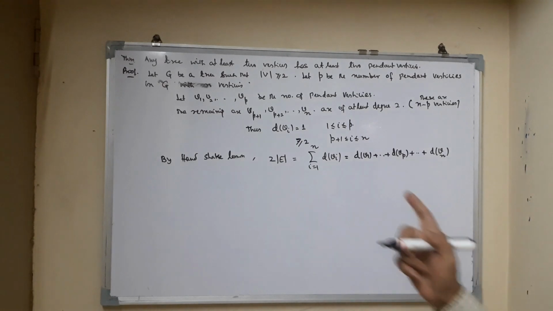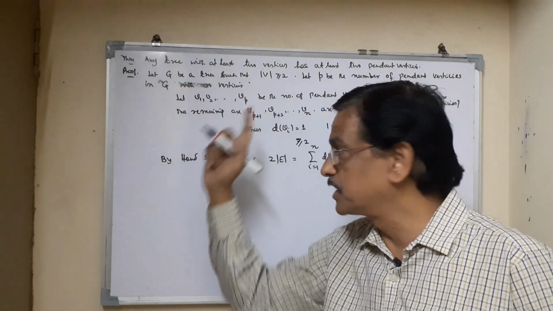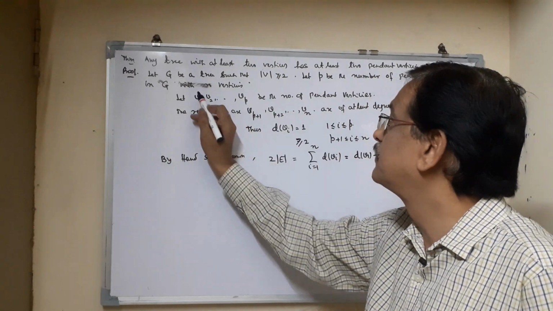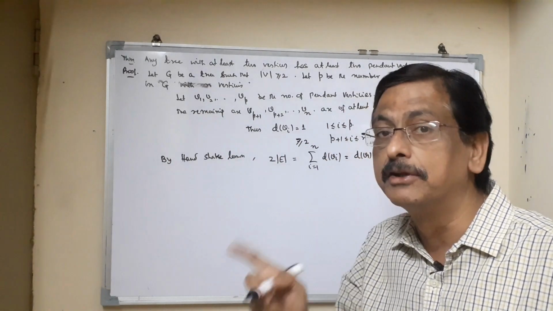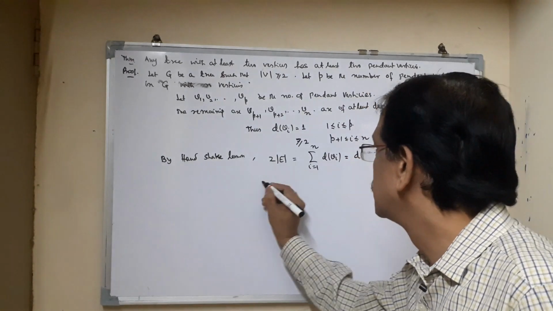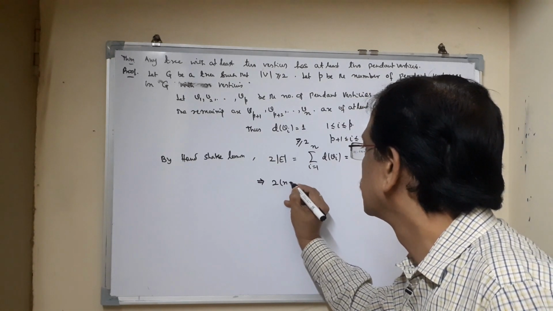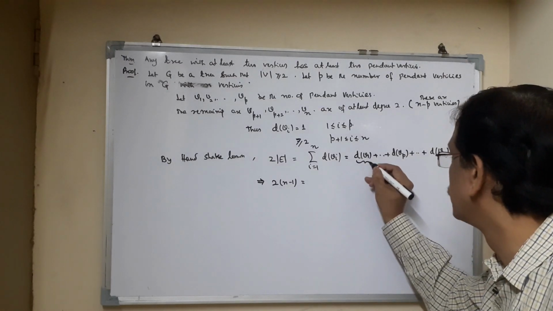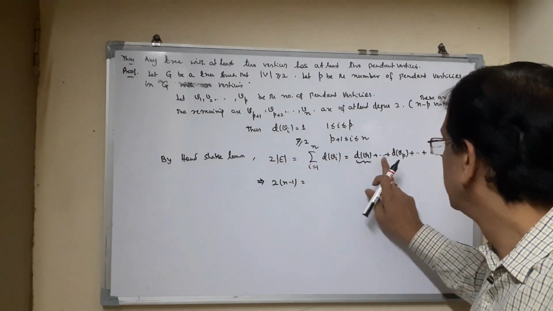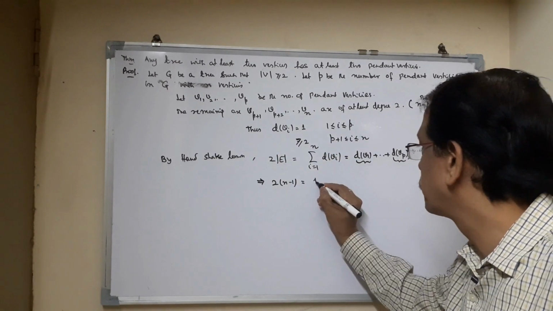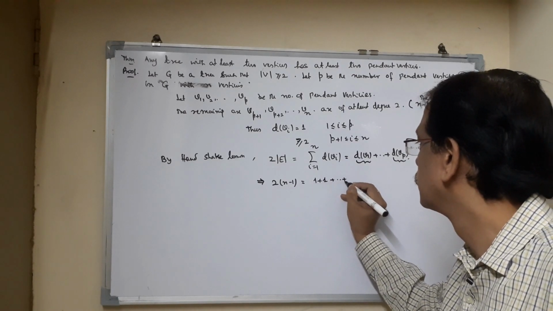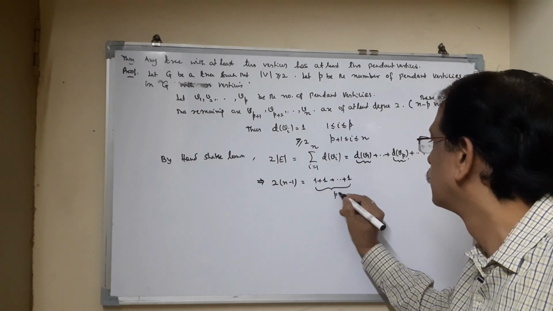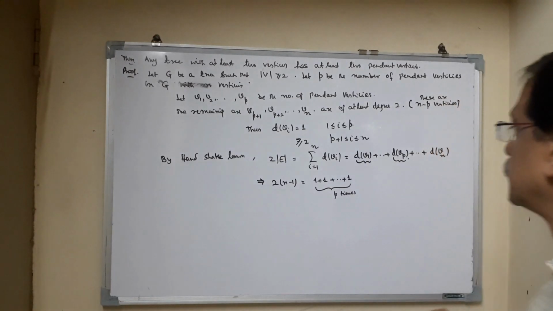Now this graph is a tree. Just now we have proved that if there are n vertices in a tree, there are n minus 1 edges. So this will be 2 into n minus 1 is equal to 1 plus 1 plus 1, P times, because pendant means degree 1.